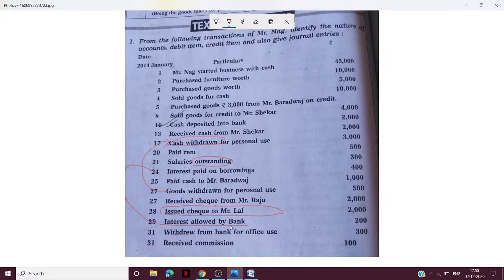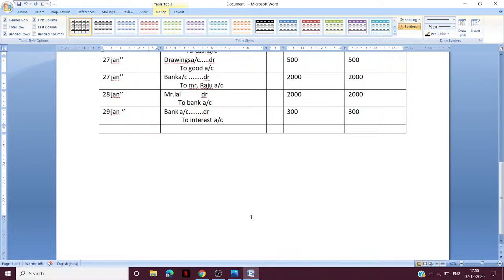On 31st, withdraw from bank for office use. So the transaction is 31st Jan.